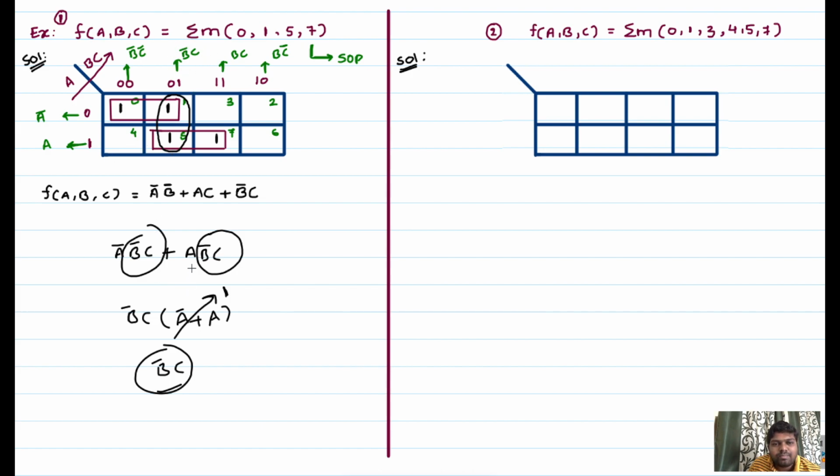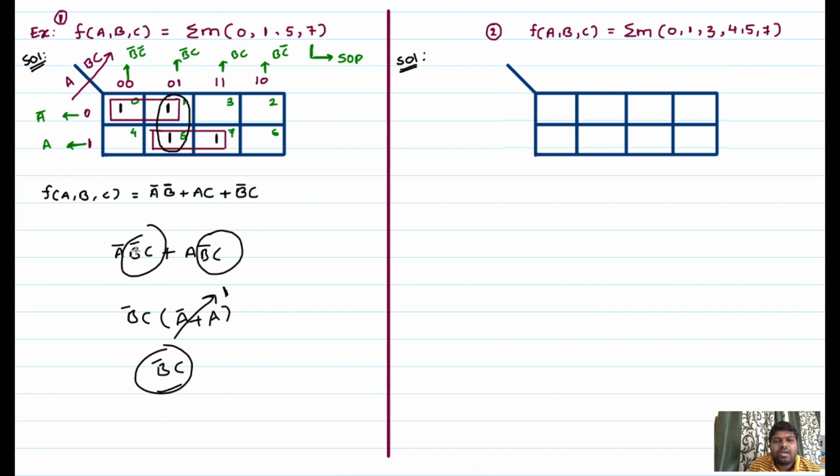While simplifying that expression, we get b bar c into a bar plus a. That means for this row and for this row, the common element here is b bar c. If I take this b bar c as a common factor, a bar plus a will become 1. So finally we will get b bar c only. That's why, if this situation exists while solving a K-map, you can take this column related product term as the resultant one. Okay, so that is the key observation here.